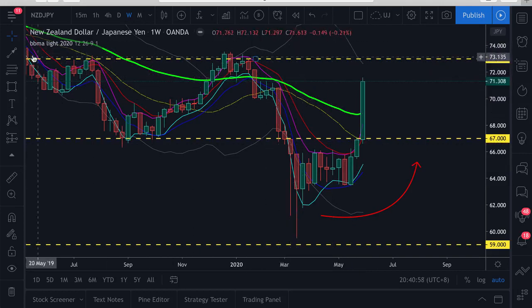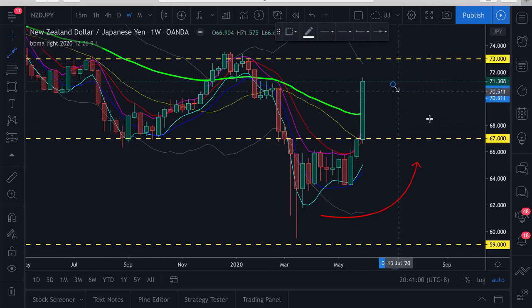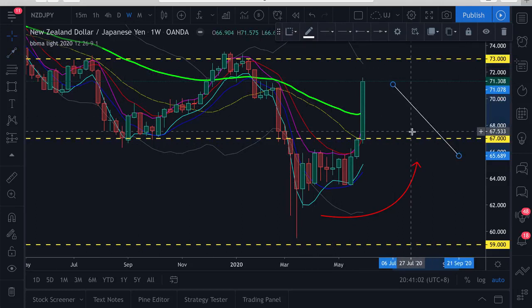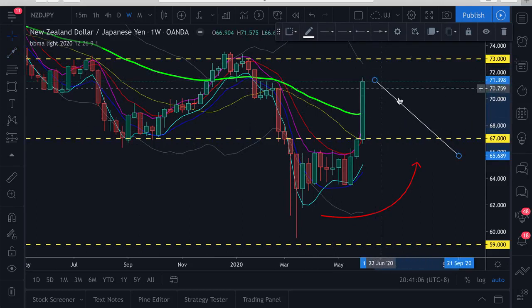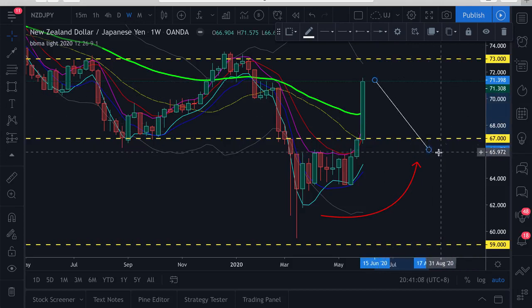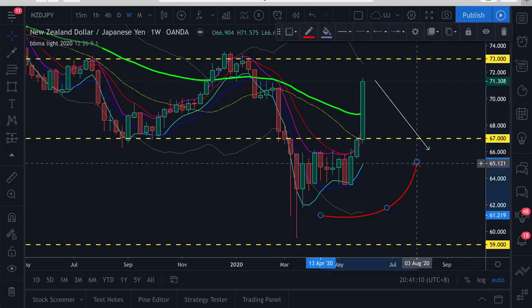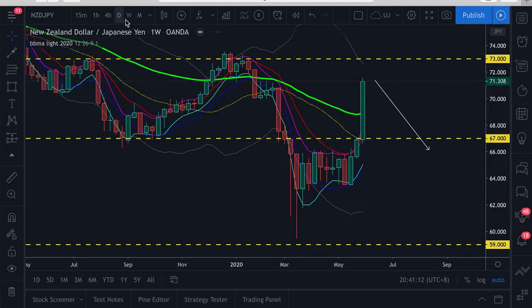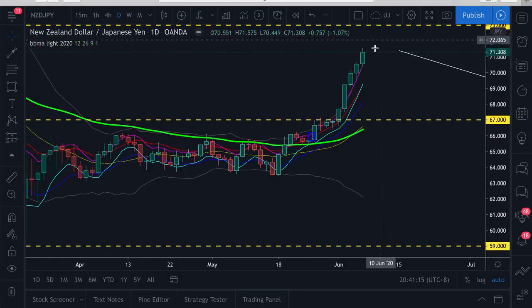So what we expect next is for the price to move down. Okay, so for NZD JPY, we're expecting re-entry sell in a weekly time frame. Get rid of this, and we want to confirm that in lower time frame.